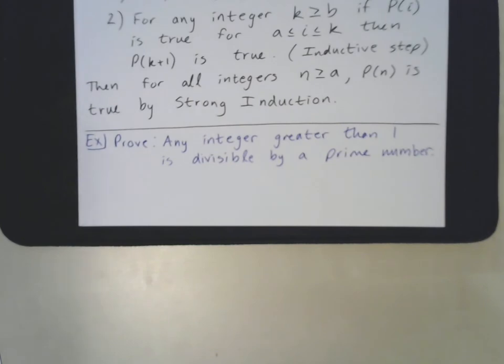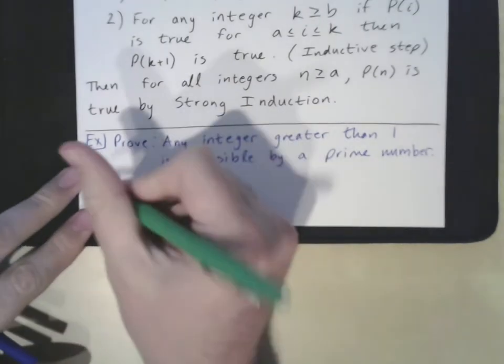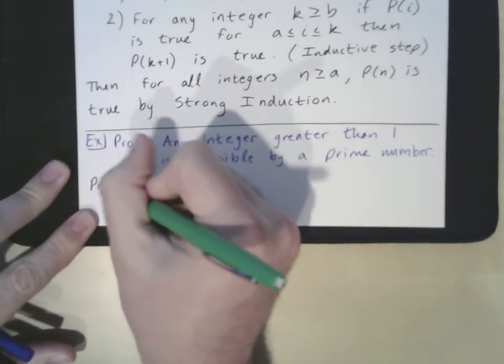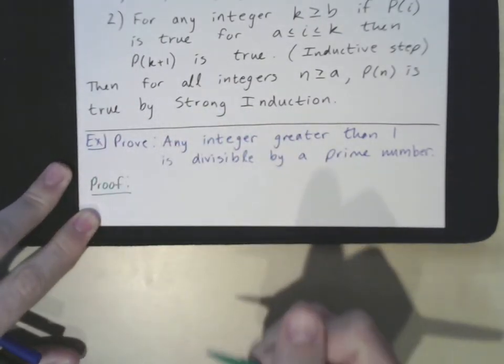Okay, so this is still an induction proof. So we're still going to start the same way by defining our P of n.